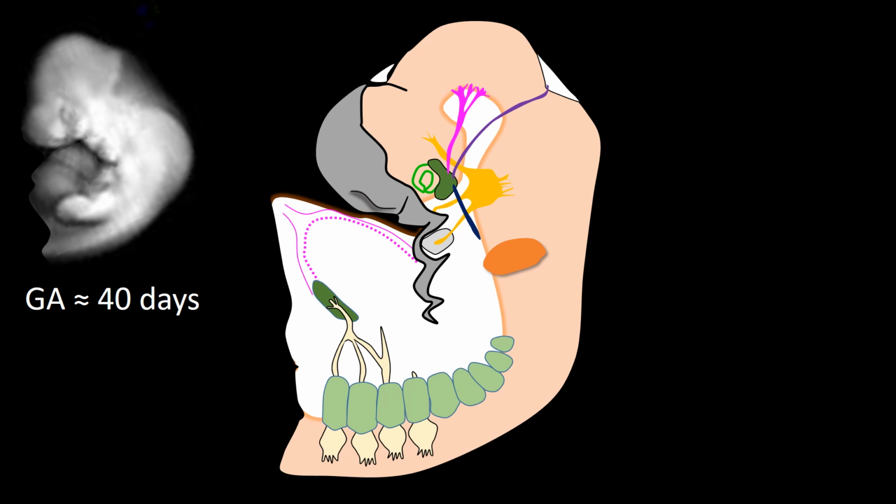Here I have reintroduced the illustration that I showed you in the last frame, and now added the second branchial arch mesenchyma here and here. I have now added the facial nerve.